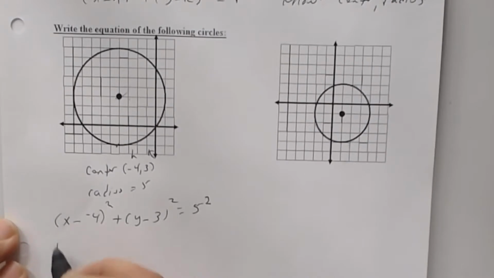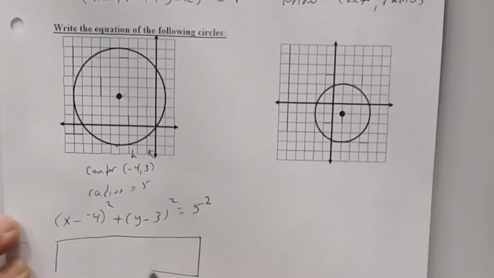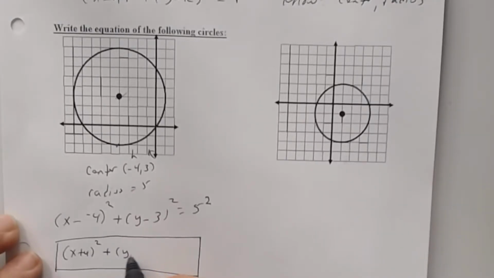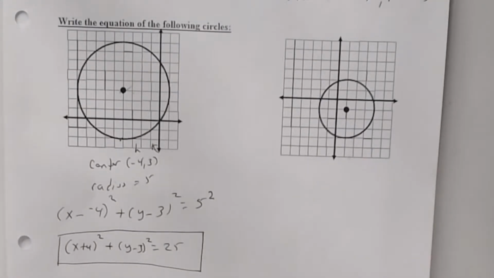The answer you give me is a better looking answer. x minus -4 is the same thing as x plus 4. If you leave it x minus -4 on the test or worksheet, you'll be very upset with me. So (x + 4)² + (y - 3)² = 25. Don't leave it as 5 squared. That's the equation of this circle.